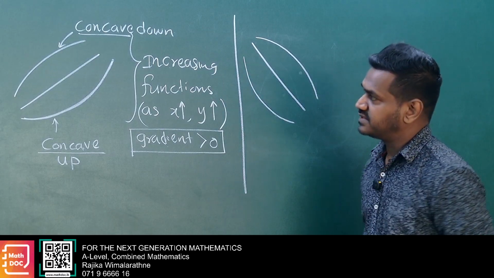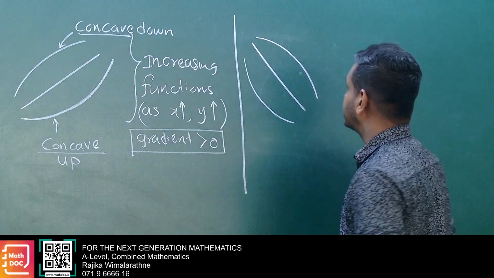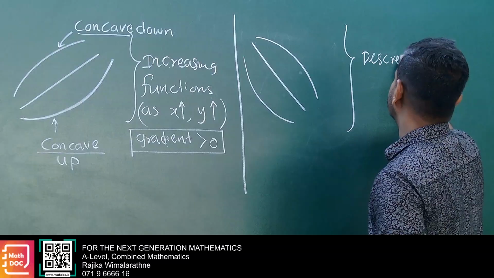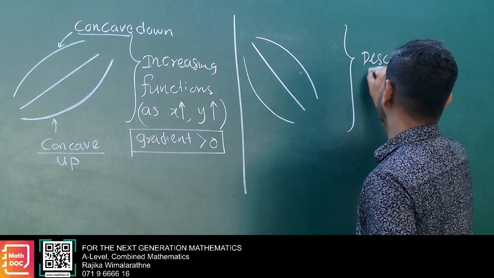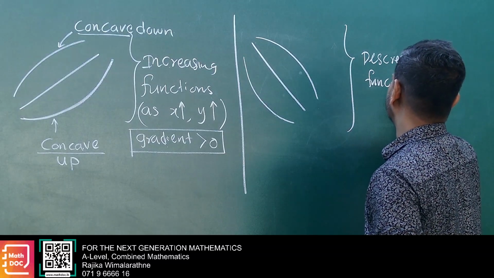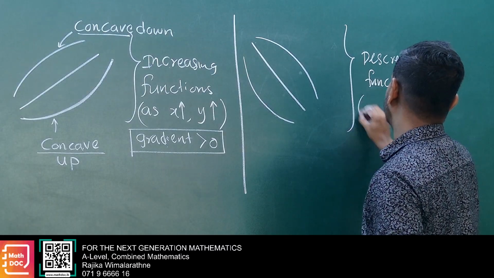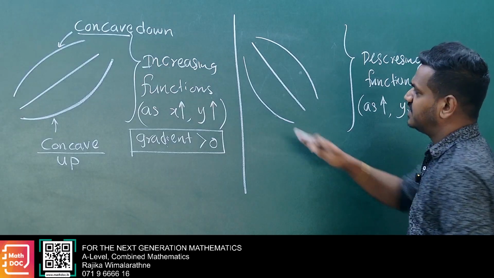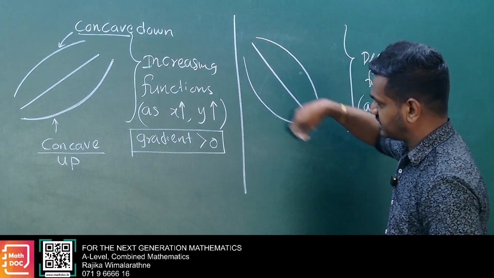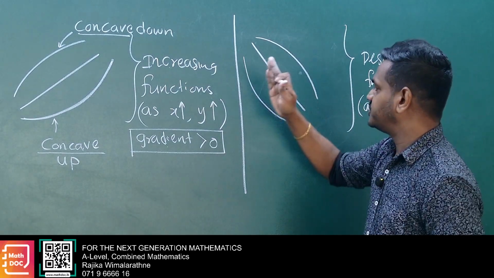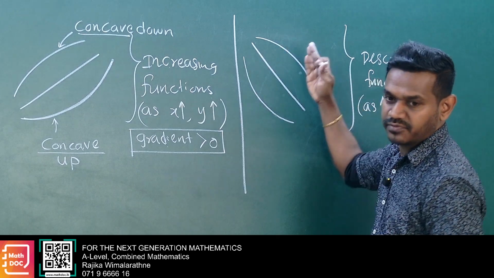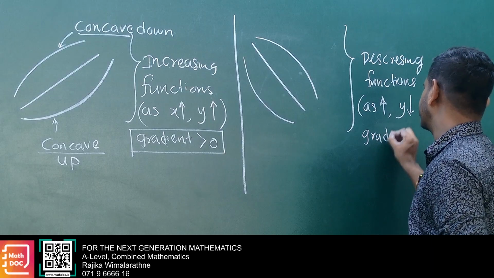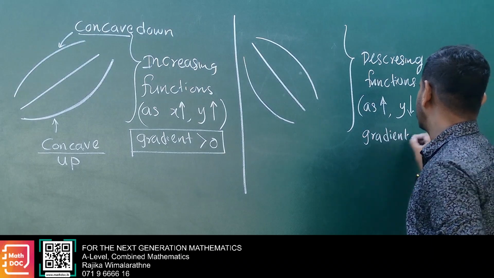Take these type of relations. We say decreasing functions. Here as x increasing, y decreasing. Therefore here obtuse angle relations. Tangents make obtuse angles, therefore gradient negative.